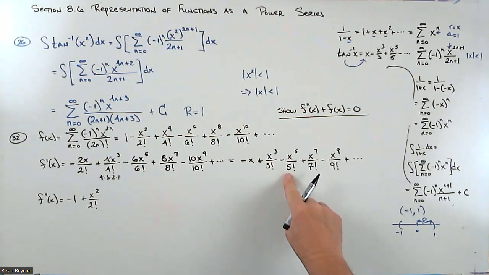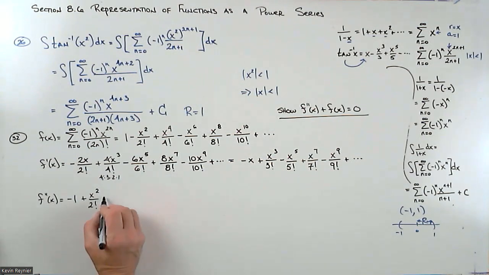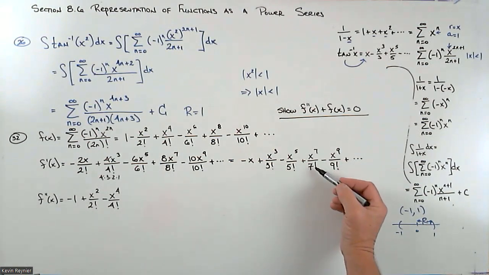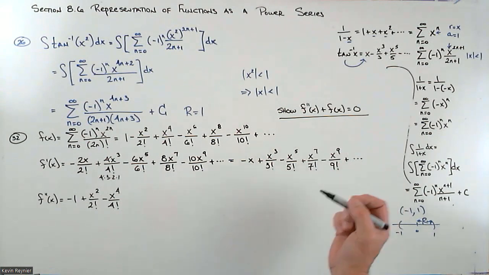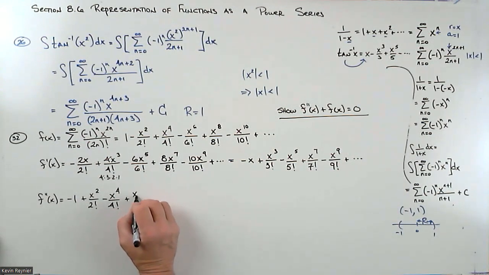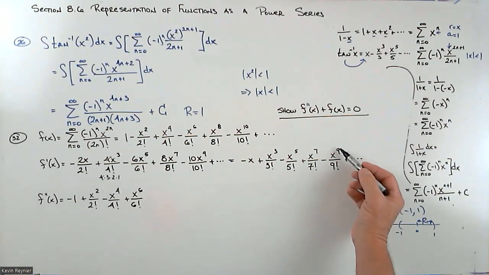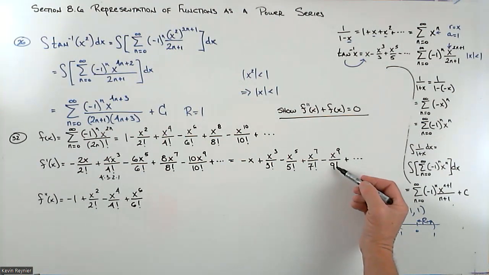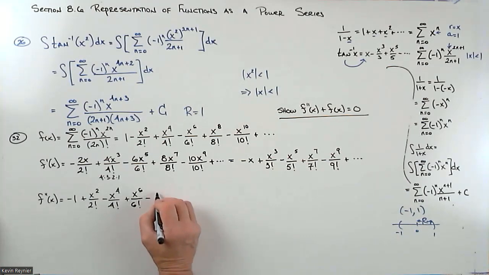Here, this 5 is going to come down and turn this 5 factorial into a 4 factorial, and I'm going to have minus x to the 4th over 4 factorial. Here, this 7 is going to turn this into a 6 factorial, and I'm going to have plus x to the 6th over 6 factorial. Here, the 9 is going to turn this 9 factorial into an 8 factorial, and I'm going to have minus x to the 8th over 8 factorial, and this is just going to keep going and going.